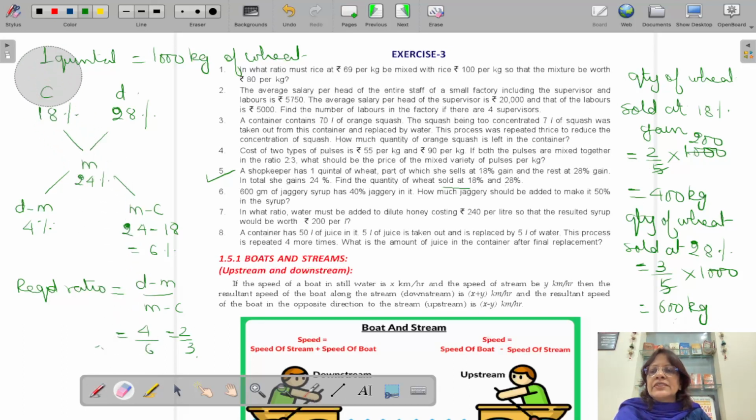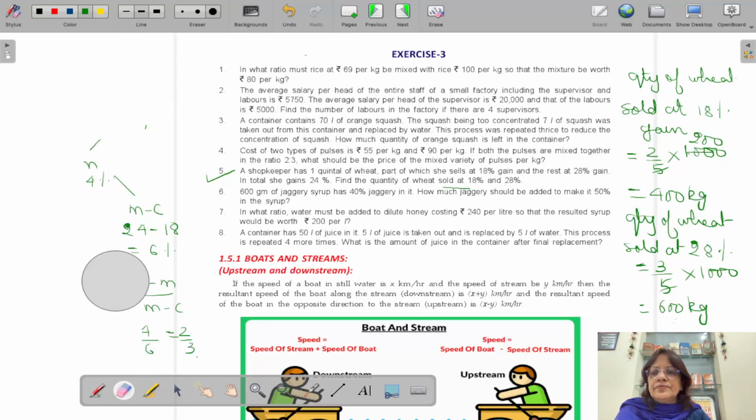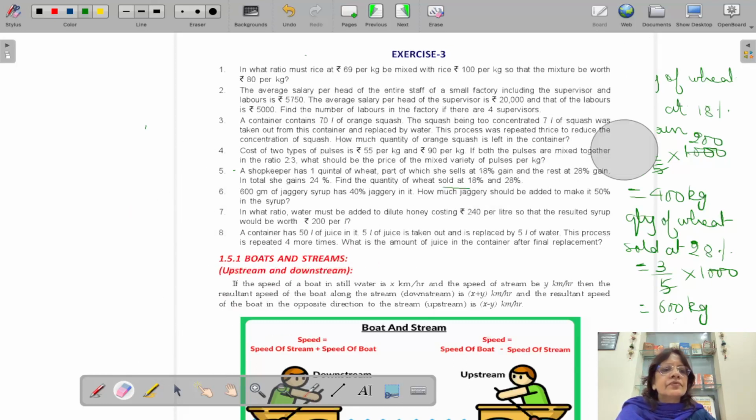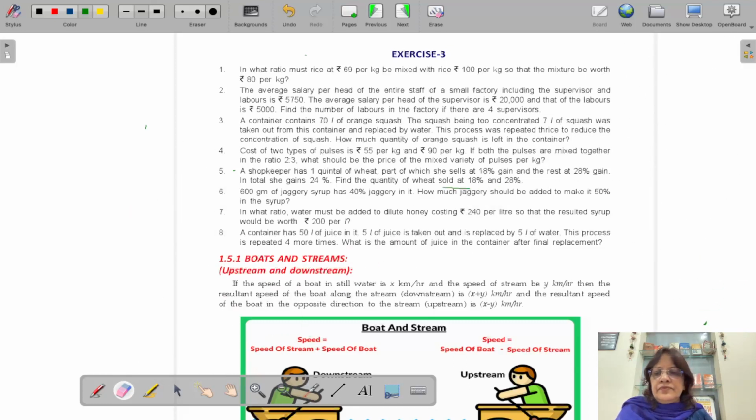Moving on to the sixth question now. 600 grams of jaggery syrup has 40% jaggery in it. How much jaggery should be added to make it 50% in the syrup?